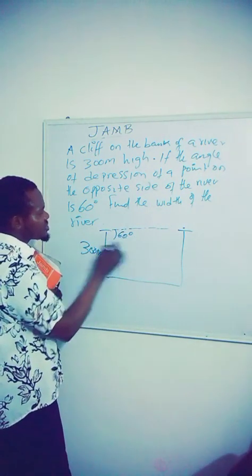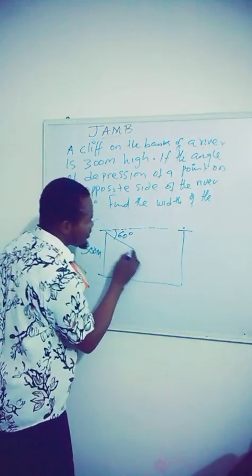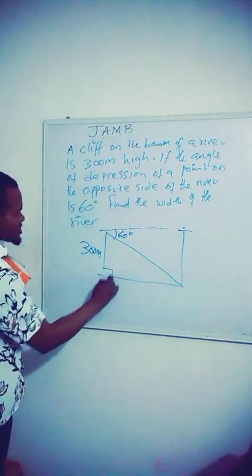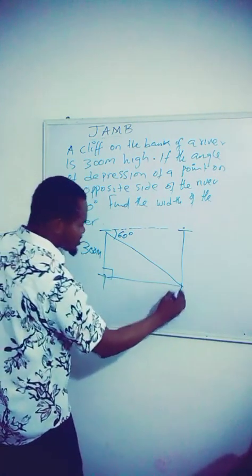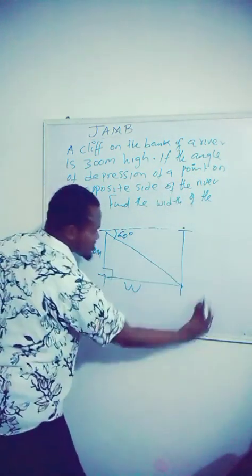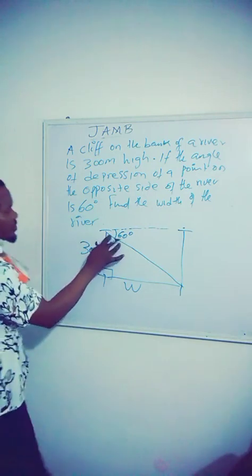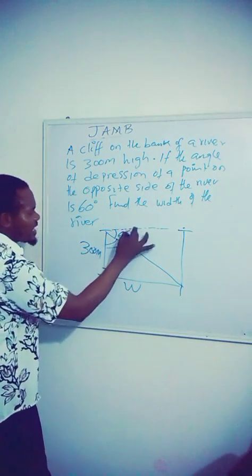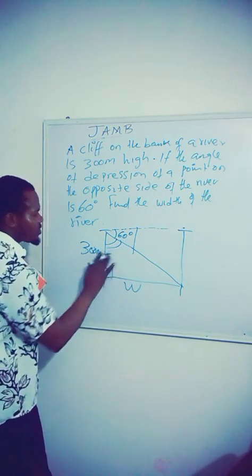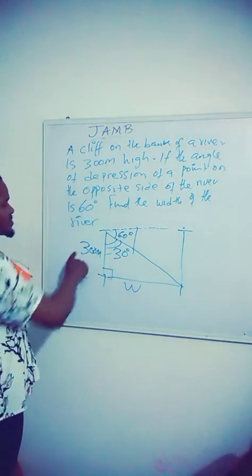This is 60 degree, looking at a point on the other side. Here is 90. We have to calculate the width of the river. Now from here, we can calculate the remaining angle. Here is 90, and you have gotten 60 out of it. The remaining one will be 30 degree. So if that is the case, opposite, adjacent.